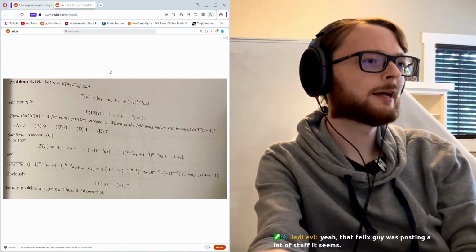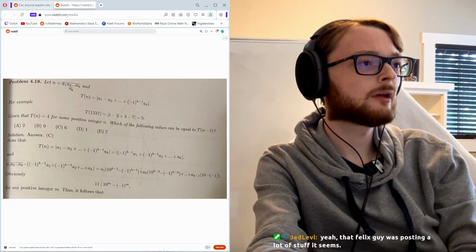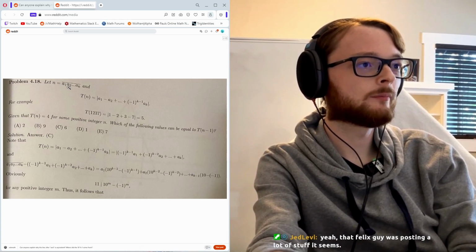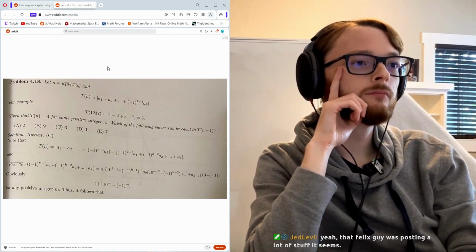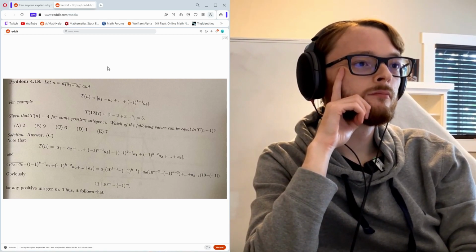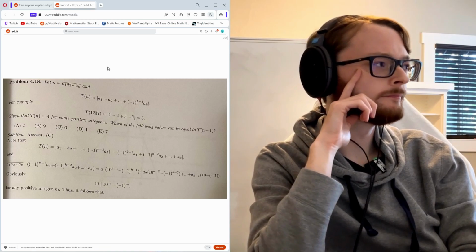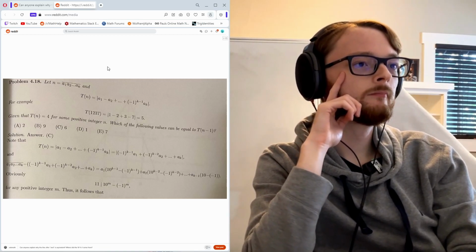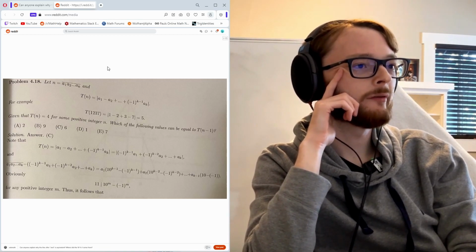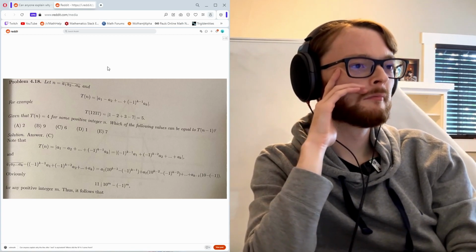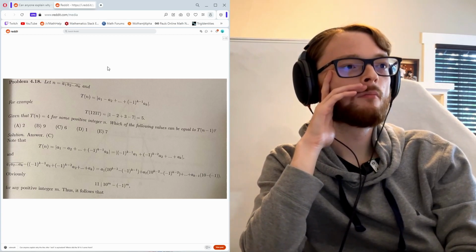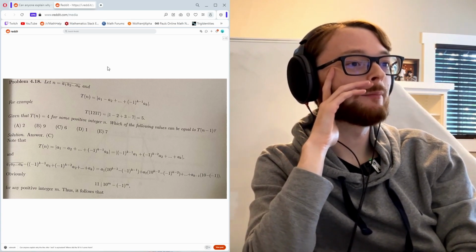I don't know what the line means, but I guess n is equal to some string of factors. T of n is equal to the absolute value of all the factors plus and minus. Oh, of the digits. That's what the line means.